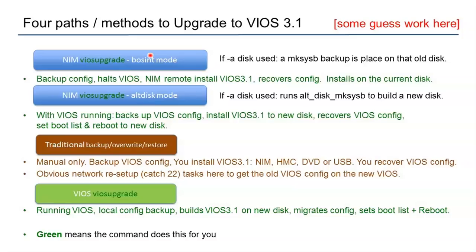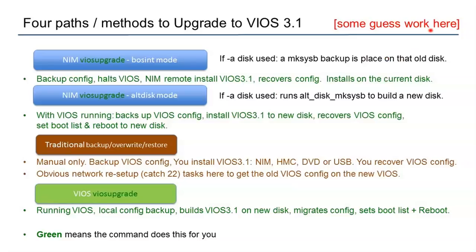In the top one, it does a backup, halts the VIO server, does a straightforward NIM install of the new VIO server onto the same disk. If you asked for an alternative disk, it actually does the rebuild using the mksysb onto that alternative disk, but that disk becomes your backup old disk, and it upgrades the current one, recovers the data, and it comes up on that original disk.